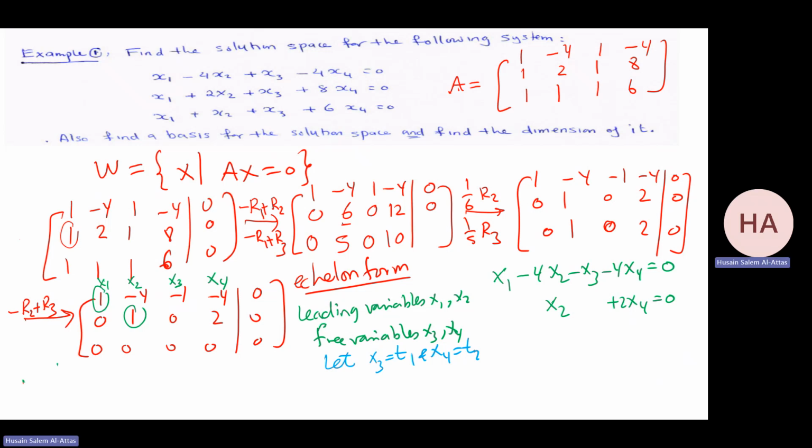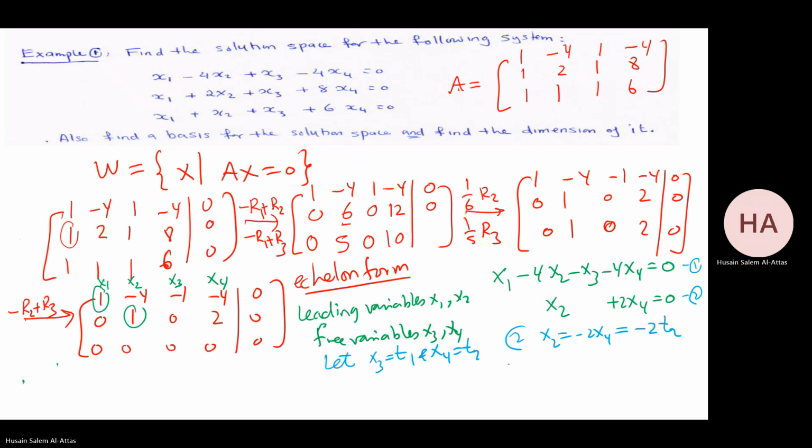Okay, so let me call this 1 and 2. From 2, x2 is minus 2x4, which is minus 2 T2. This is 2.